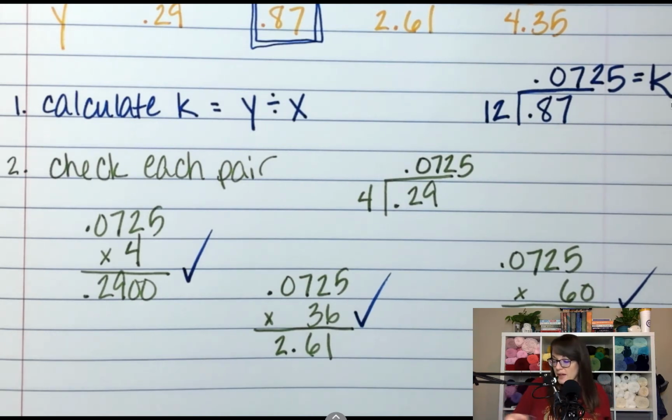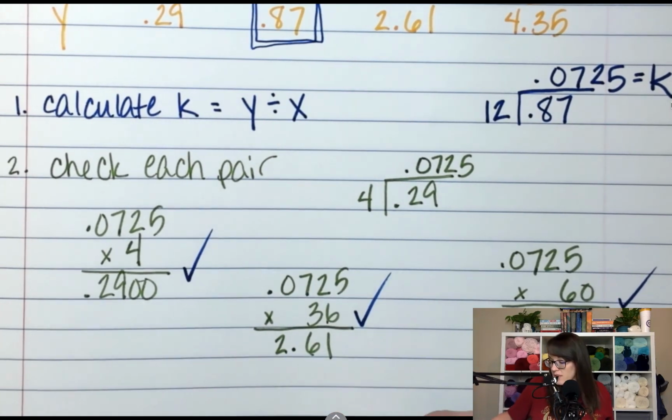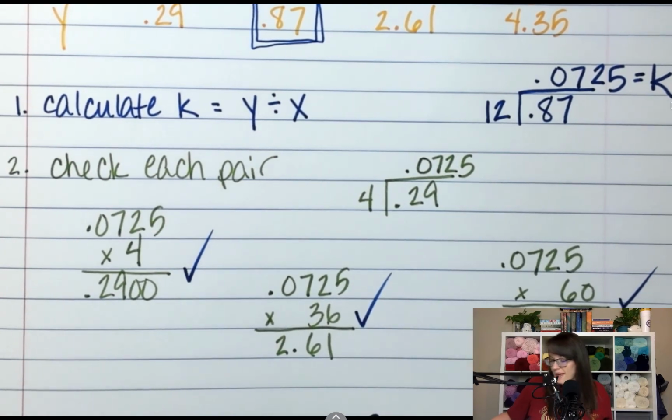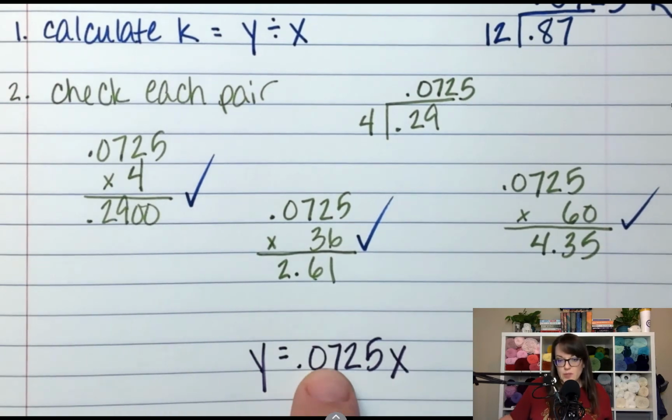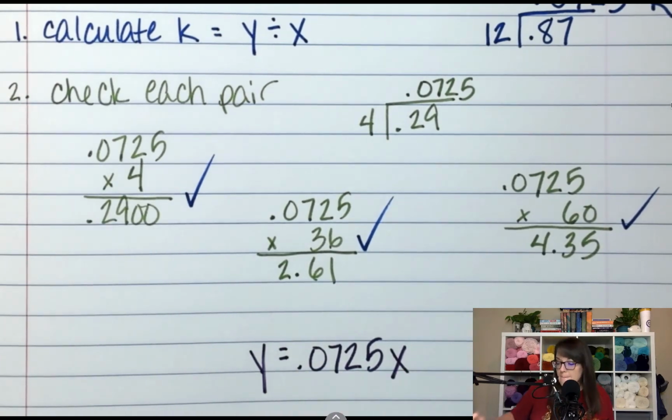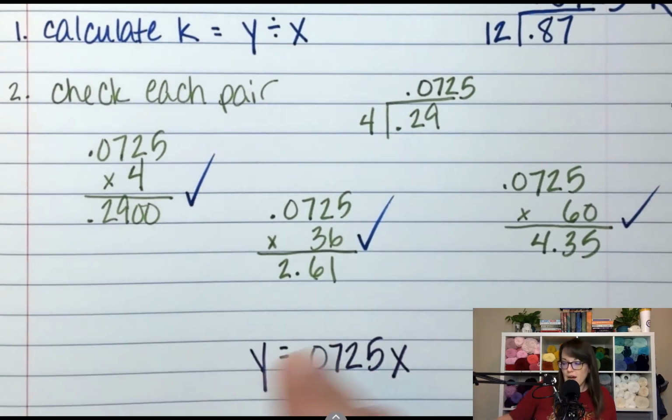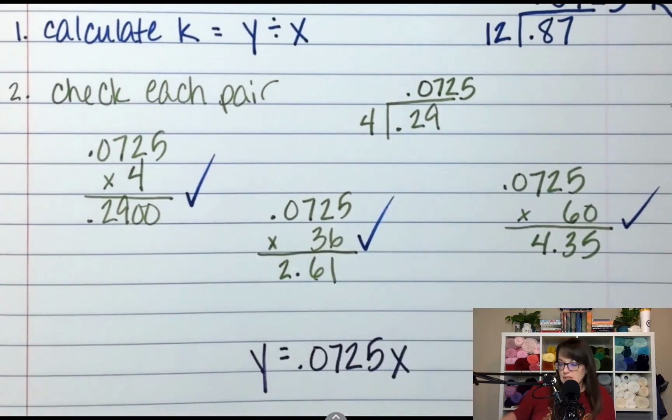I could write my equation as y equals 0.0725x, because multiplying by the x gets me to the y as demonstrated in all of these situations.